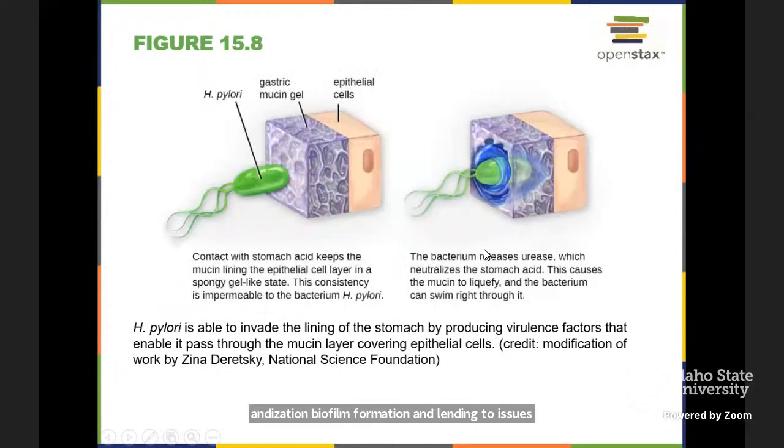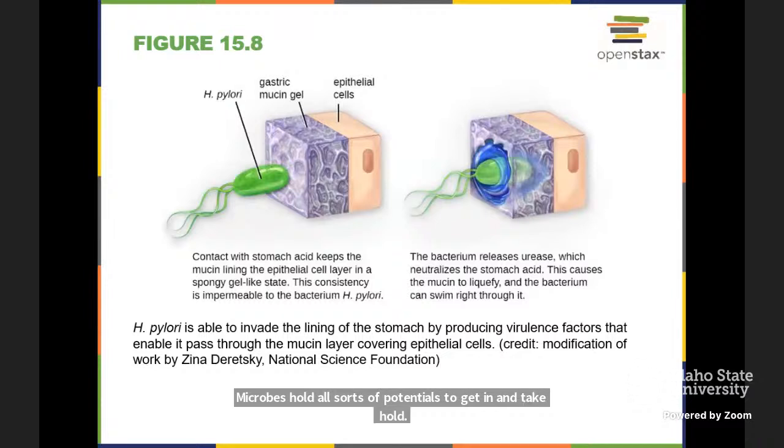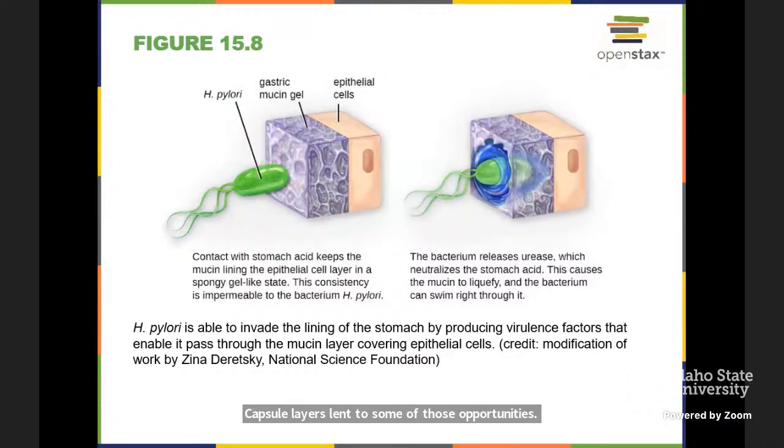It truly depends on some of those circumstances. So microbes hold all sorts of potentials to get in and take hold. Capsule layers lend to some of those opportunities. Other substances that they may be producing or secreting may lend to some of these opportunities.